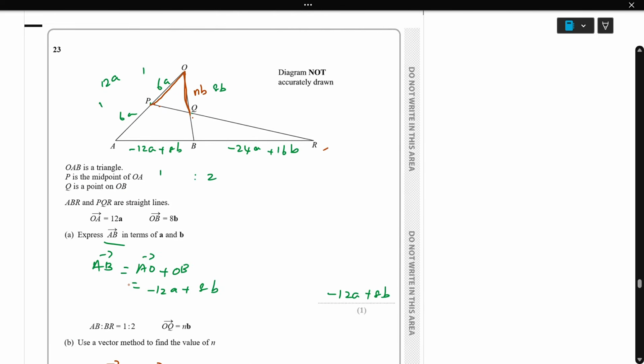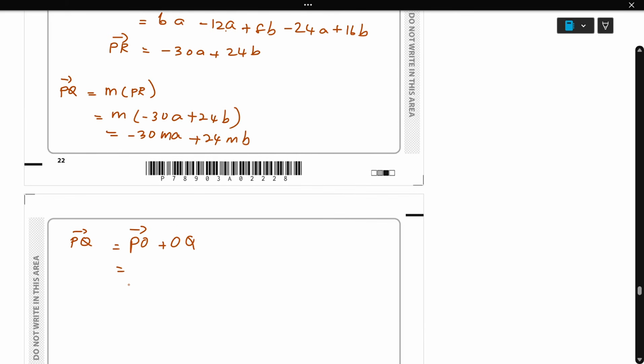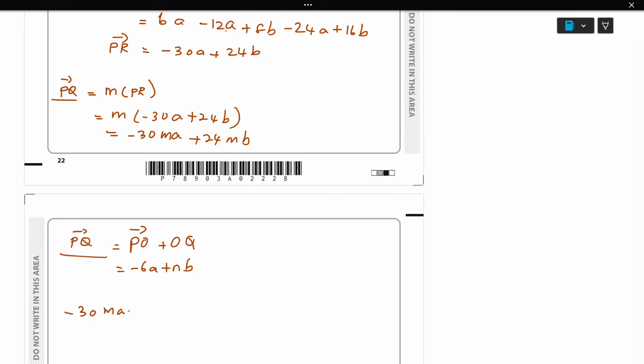Next I will find another PQ. The other way, PQ is PO plus OQ. So PO, going from down to up, is going to be negative 6A plus nB.